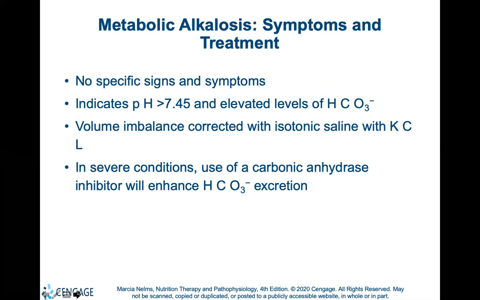For example, in the situation where there is hypokalemia and a decrease in extracellular fluid, the patient may experience muscle cramping, weakness, and cardiac arrhythmia. In chloride response metabolic alkalosis, correcting volume imbalance with isotonic saline with added potassium chloride will correct alkalosis. Metabolic alkalosis that does not involve a volume deficit requires treatment of underlying causes before alkalosis can be corrected.